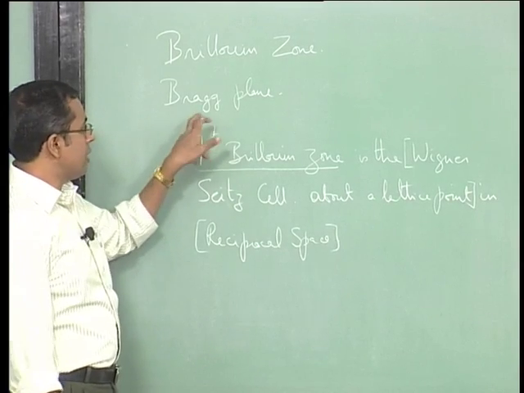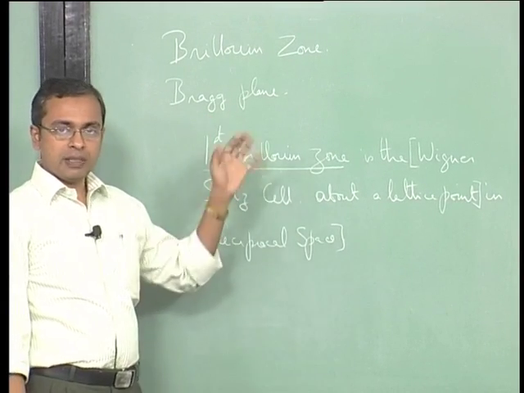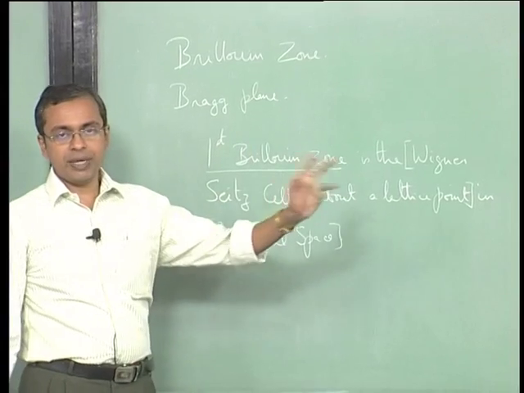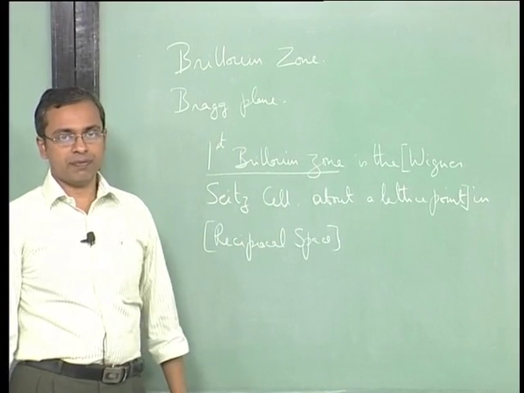We will now add one more definition called a Bragg plane. Once we add that definition, we can find out what are the other Brillouin zones that we have available to us.